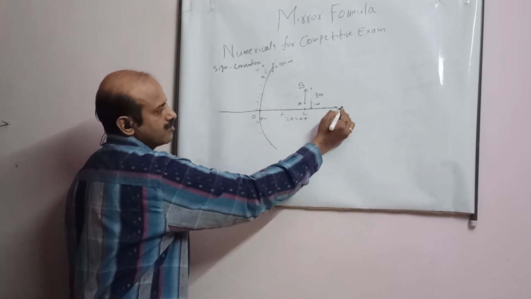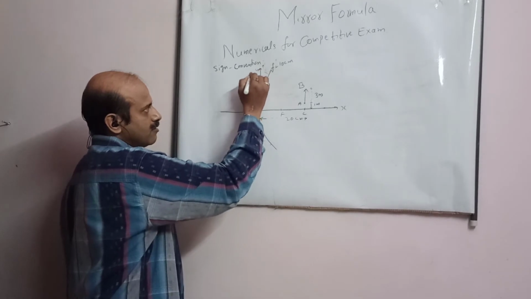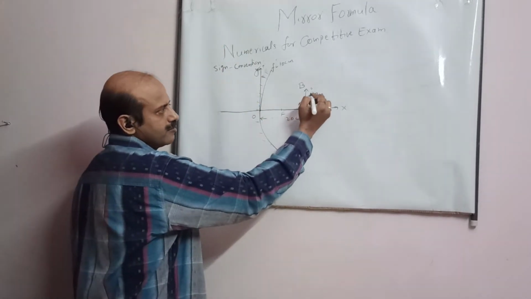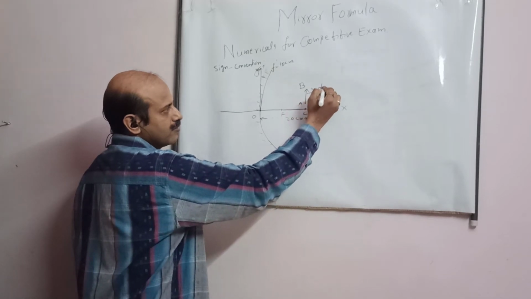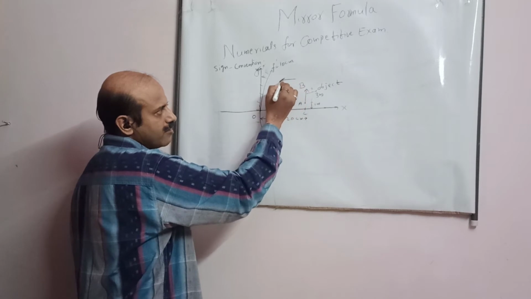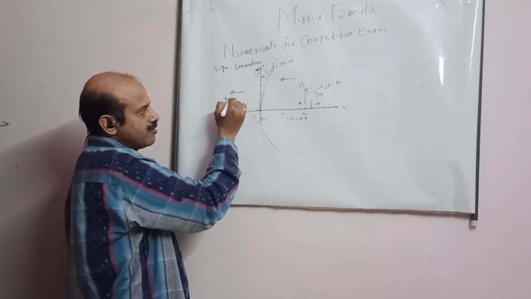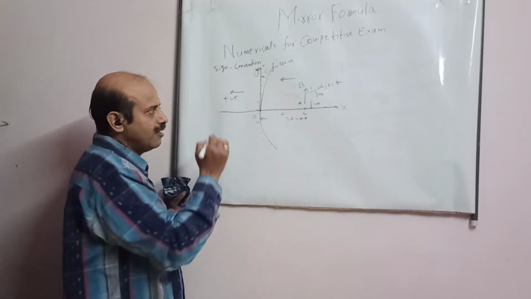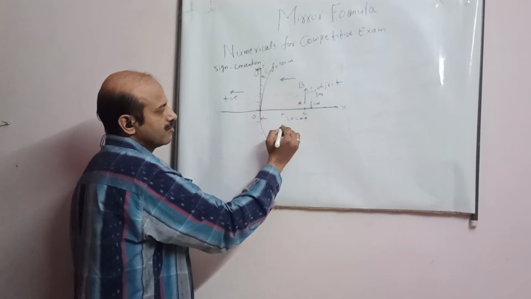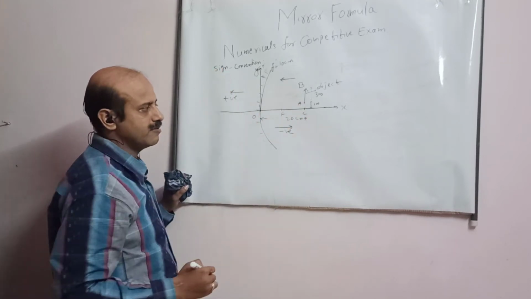This is the x-axis. This is the y-axis. This is the object. Light is traveling in this direction, so this means left. So this direction is positive, student. And if this direction is positive, this direction should be negative, student.